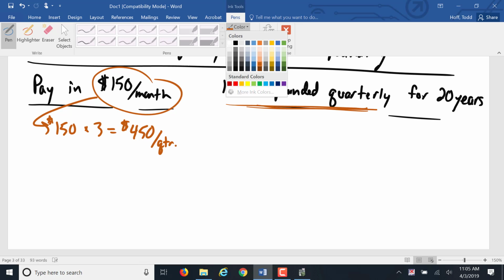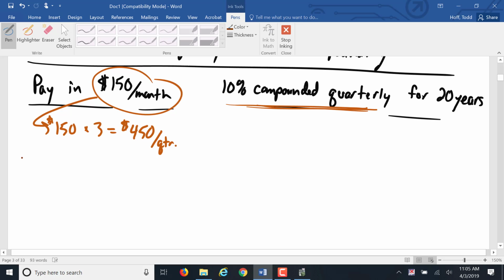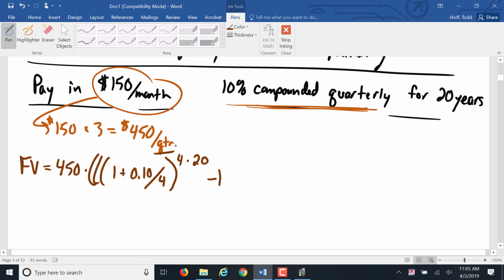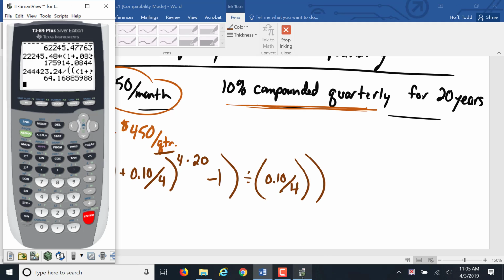So then this is simply an annuity formula. Our future value is going to equal that $450 payment times, 1 plus 0.10 for our 10%, that's quarterly now, so divided by 4, to the power of 4 times our 20 years, minus 1, close parentheses, divided by 0.10 divided by 4 again, close and close.